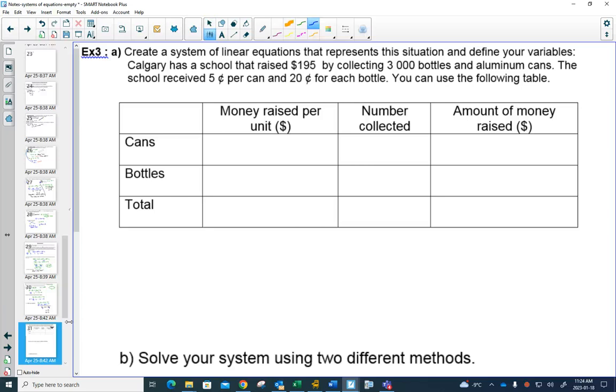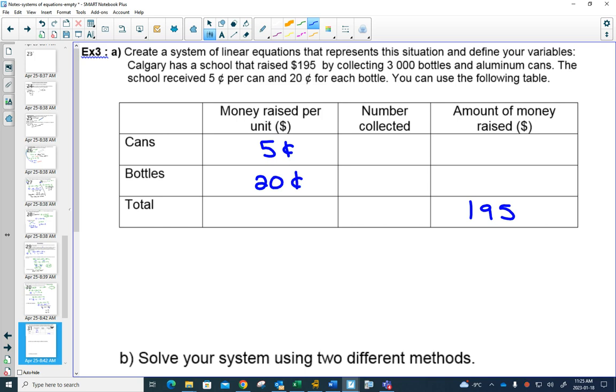Okay, so anyways, what can we put in here? We know that the total amount raised total was $195. I can't fill in amount of money raised per unit. I know that the cans are 5 cents and the bottles are 20 cents.